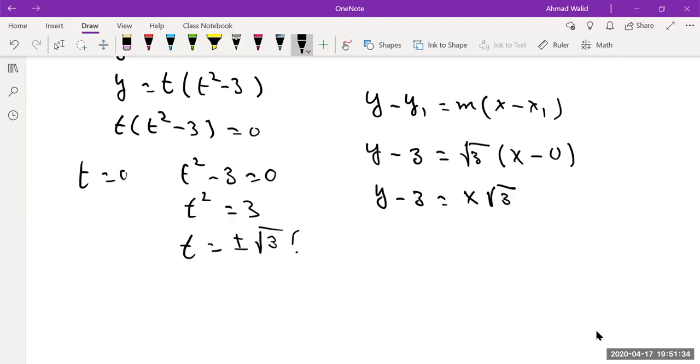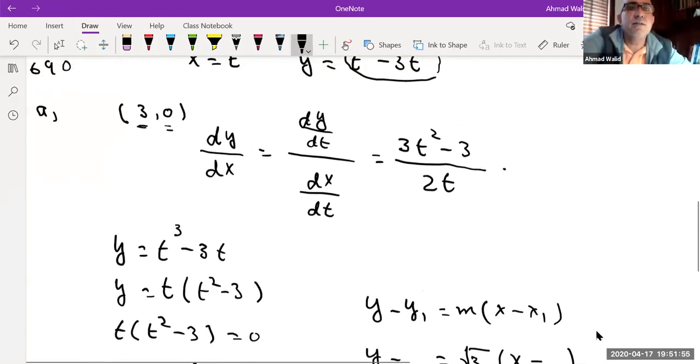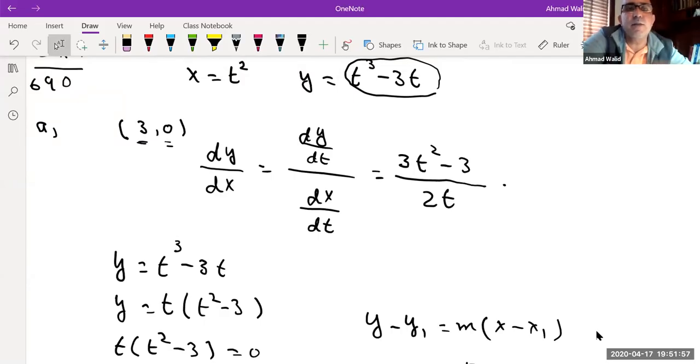I am sorry, no one is telling me, I made a mistake, look. y1 is 0, x1 is 3. Look at the point (3, 0): it means x is 3, y is 0, right?